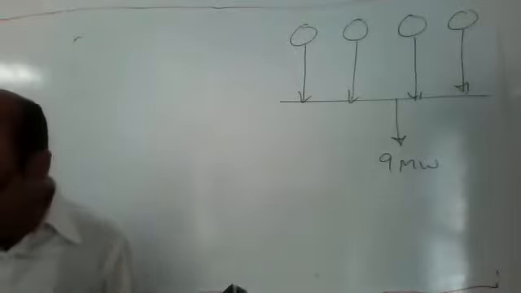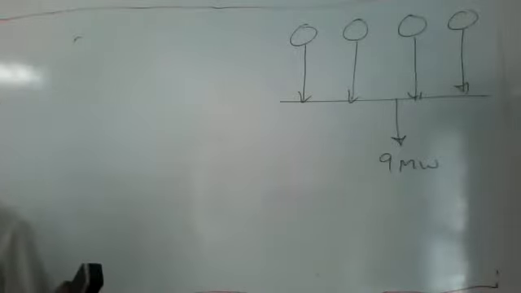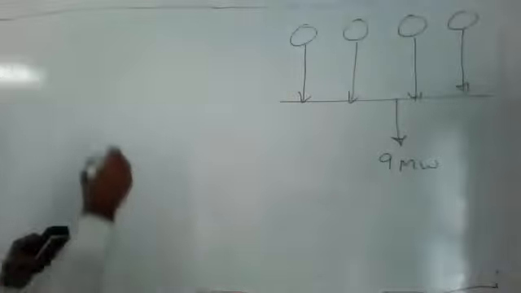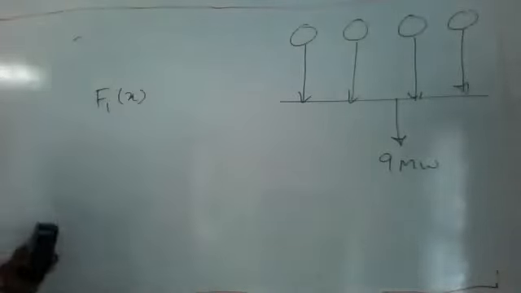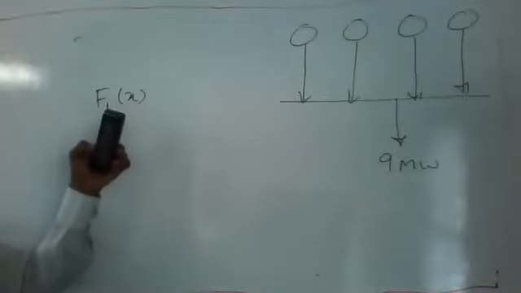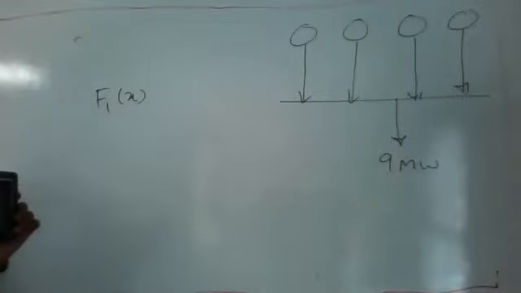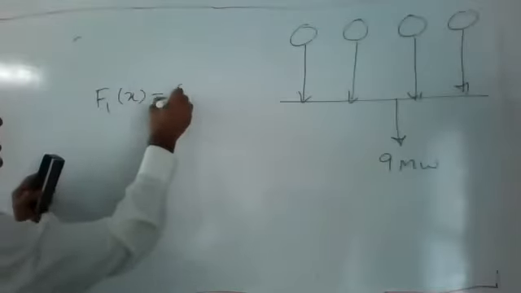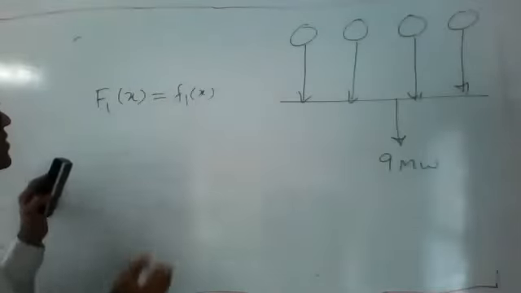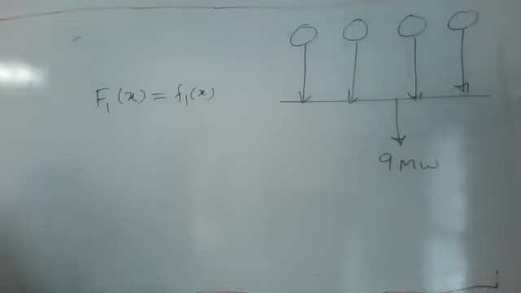Initially, assume the function F1(x), the minimum cost when x megawatt is generated by the first unit.